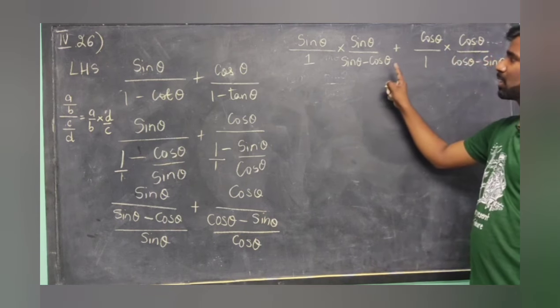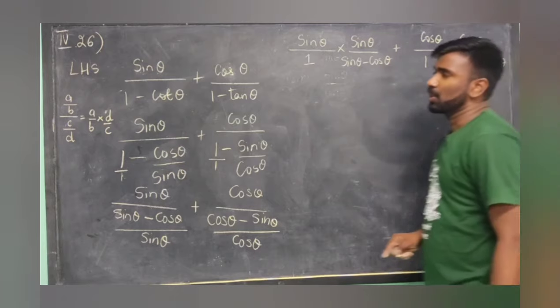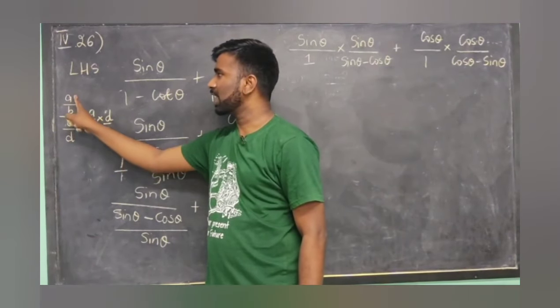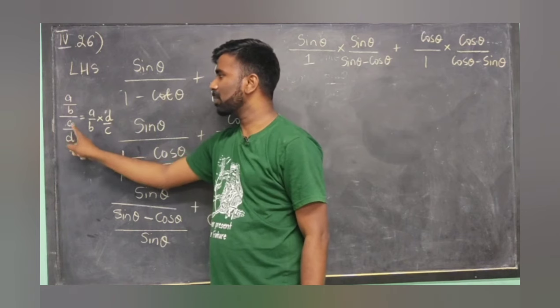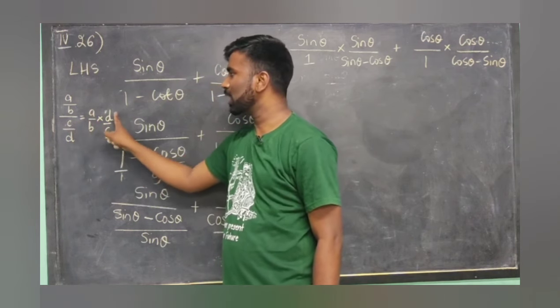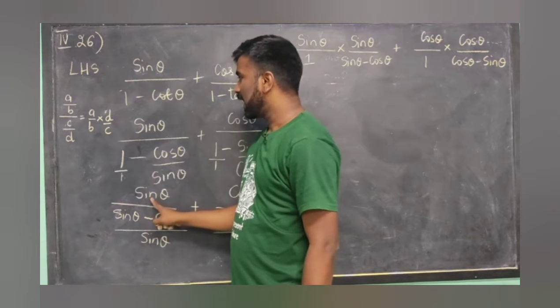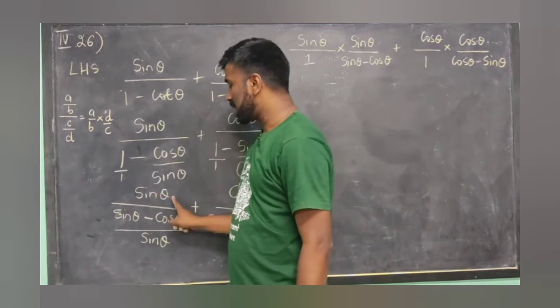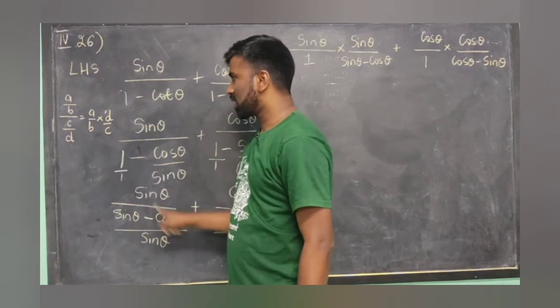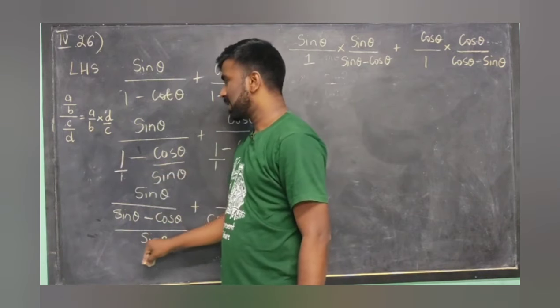Maybe a little bit confusing. Do check this. When you are dividing the fraction a by b divided by c by d, it can be written as a by b into d by c. Here a is sin theta, b is 1, c is sin theta minus cos theta, d is sin theta.